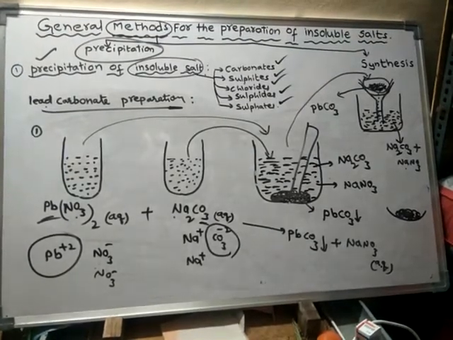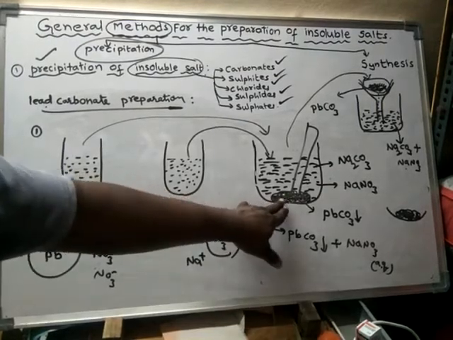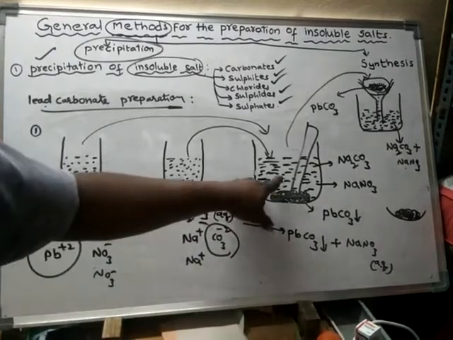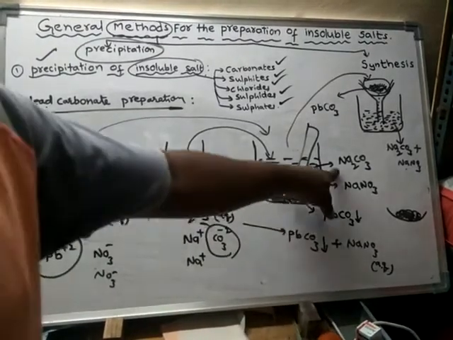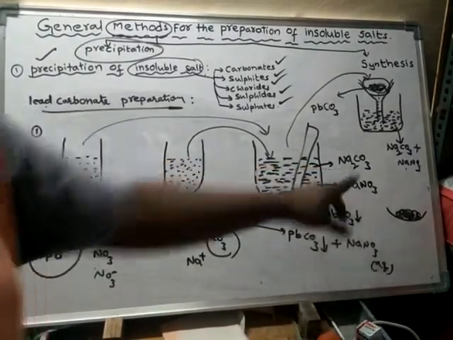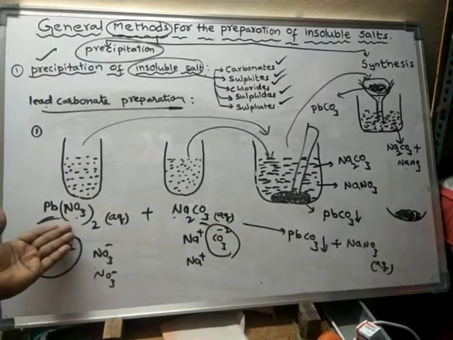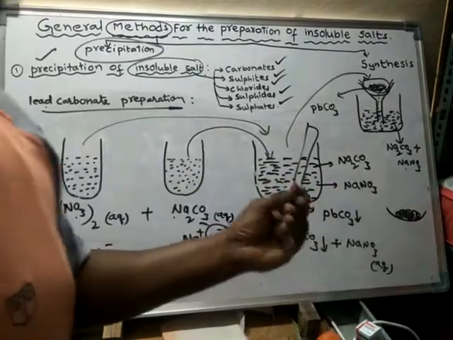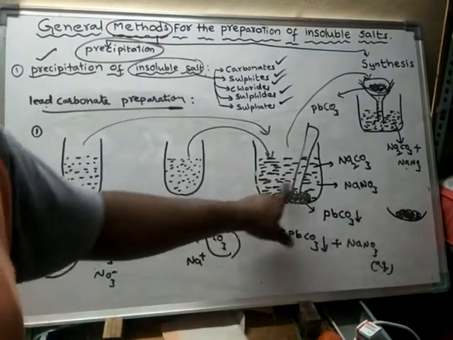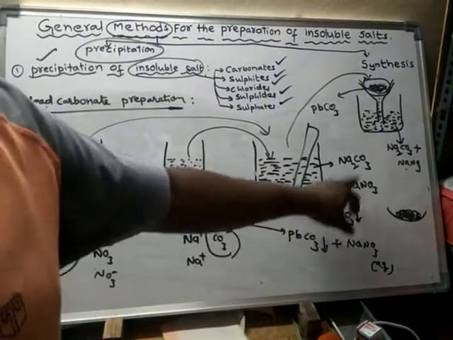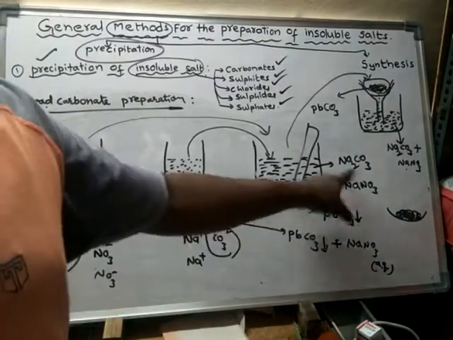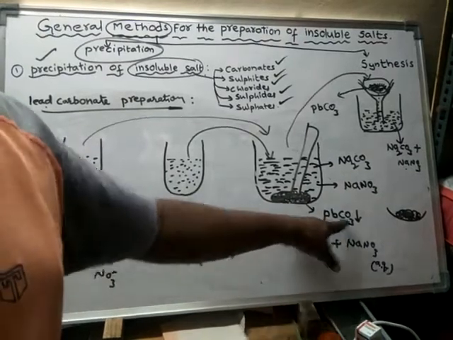Because these crystals are removed from the solution, and some of these salts, or even lead nitrate salt, if there is any, may stick to this precipitate. Just a little amount of these salts may stick to the lead carbonate.